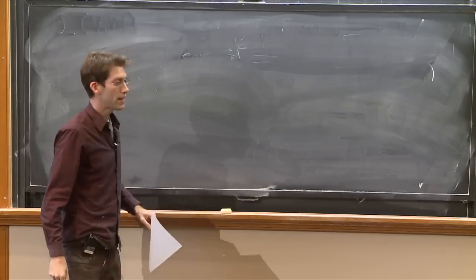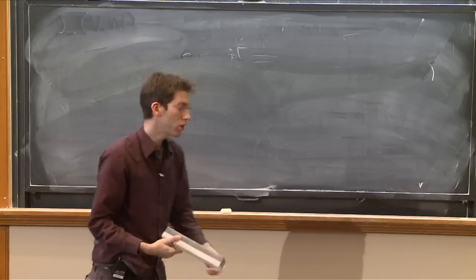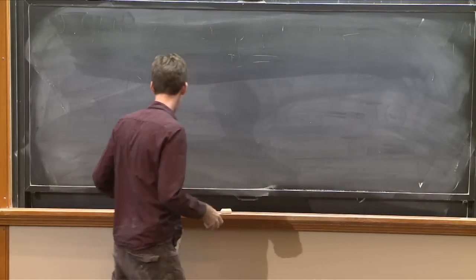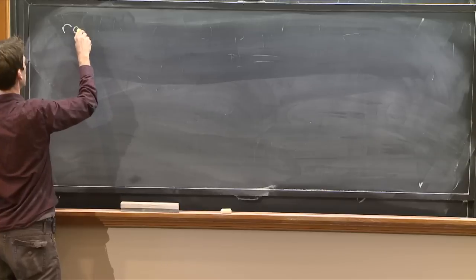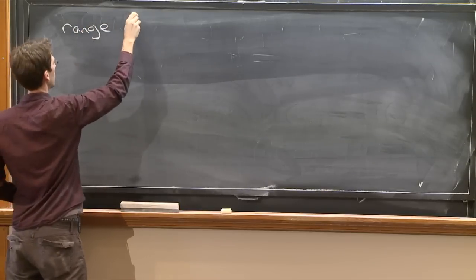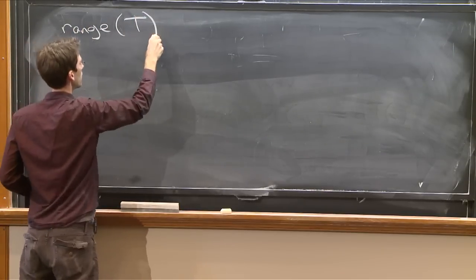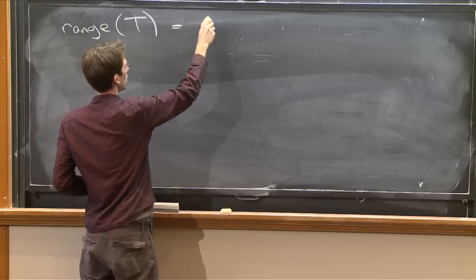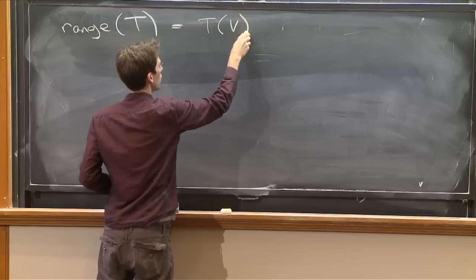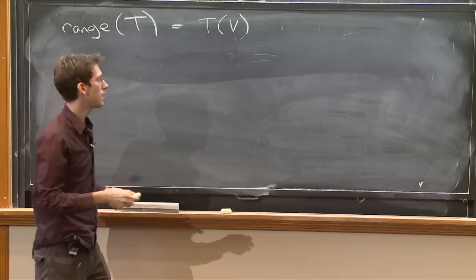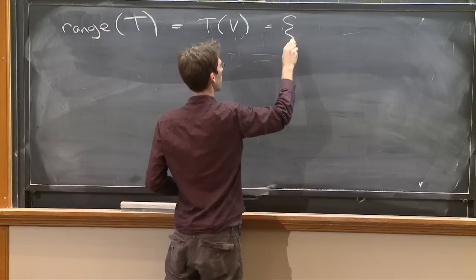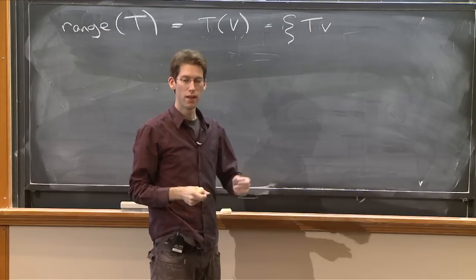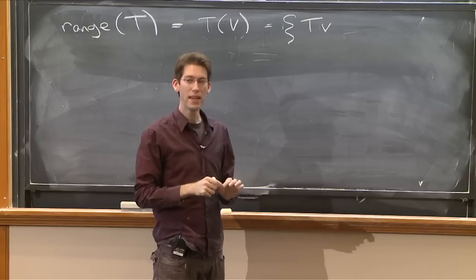The other subspace that will be important that we will use is the range of an operator. So the range of an operator, which we can also just write as T of V, is the set of all points that vectors in V get mapped to.